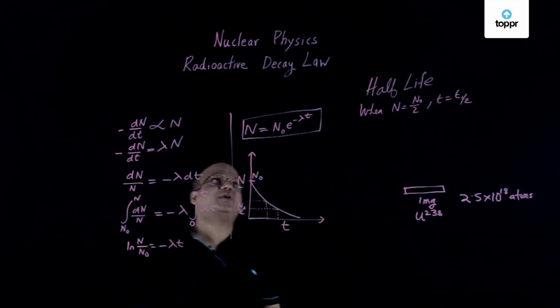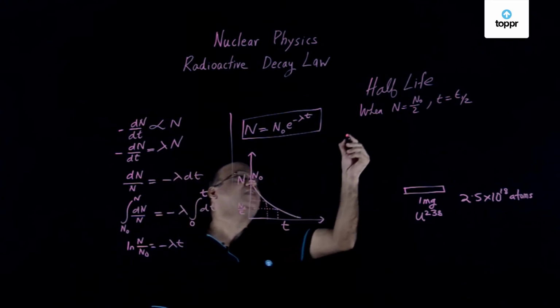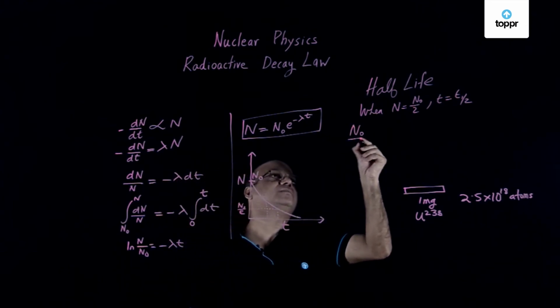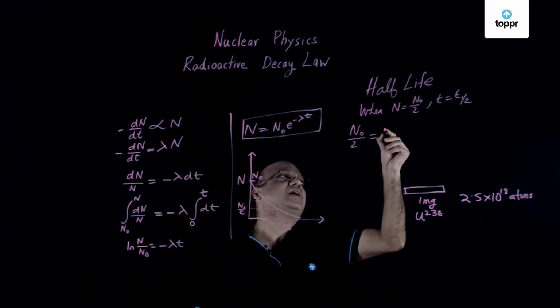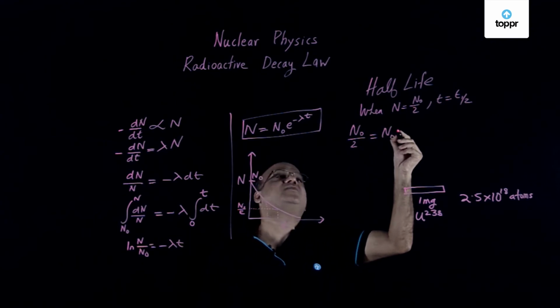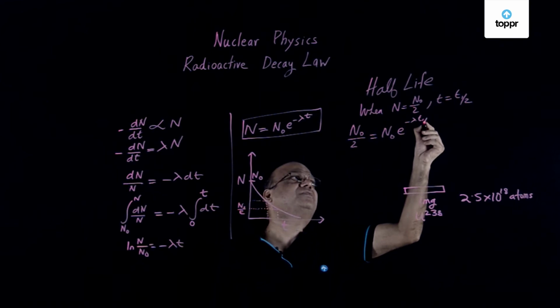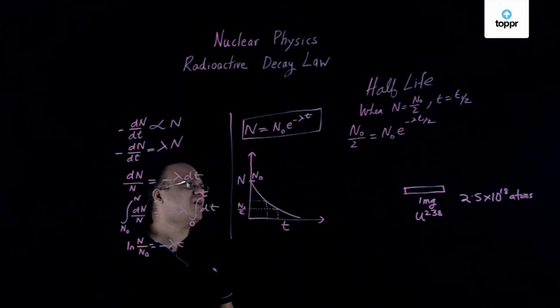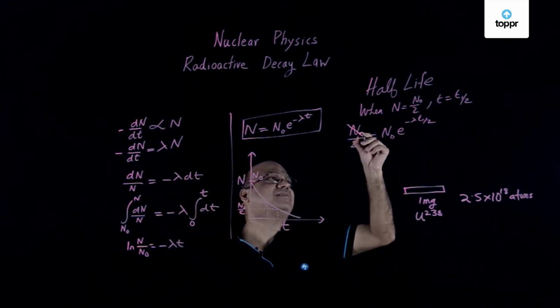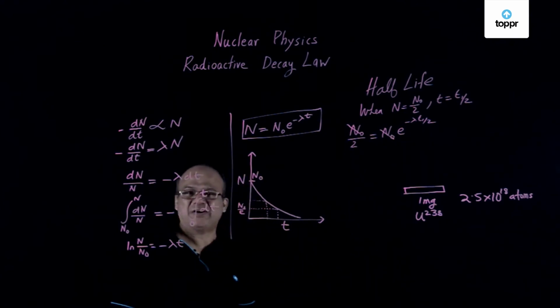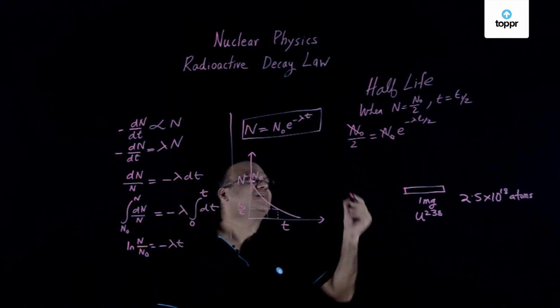So put it in this equation. N naught by 2 is equal to N naught e to the power minus lambda T half, right? N naught and N naught will cancel. Take ln of both sides.